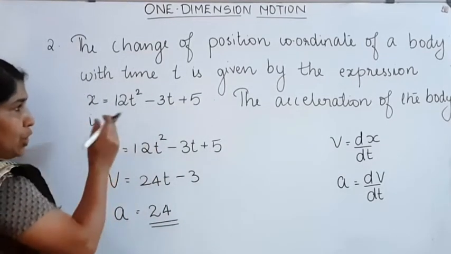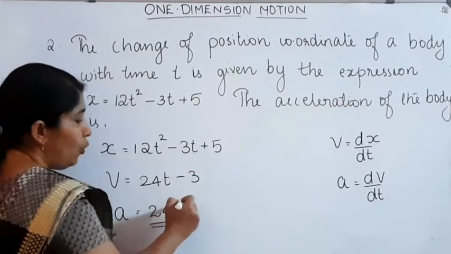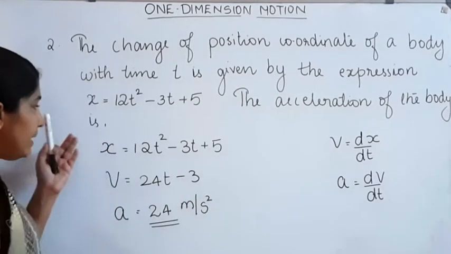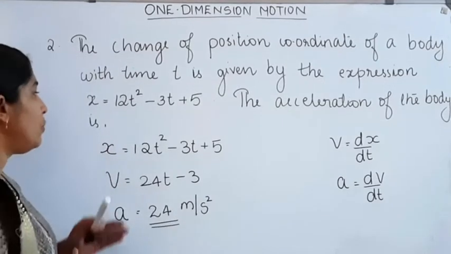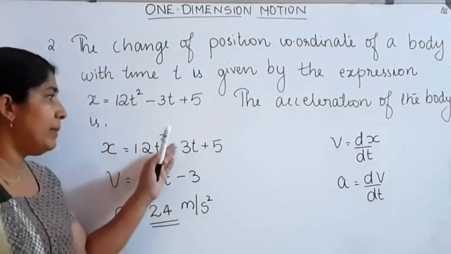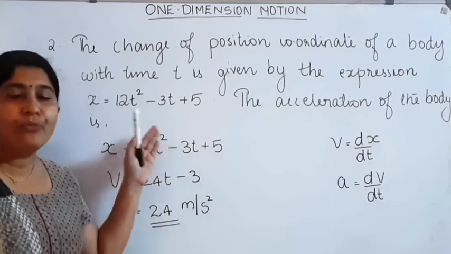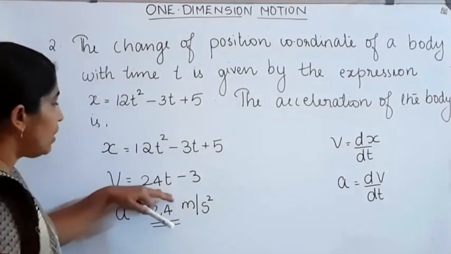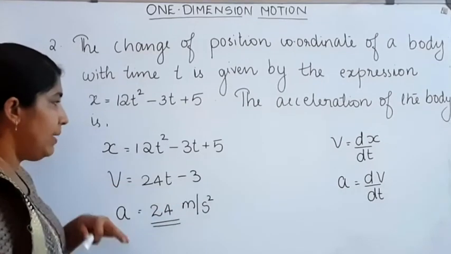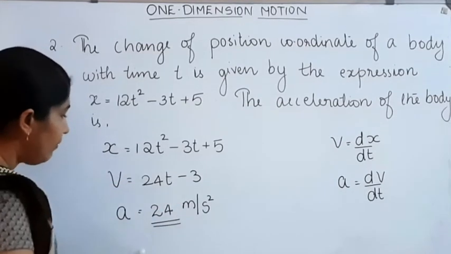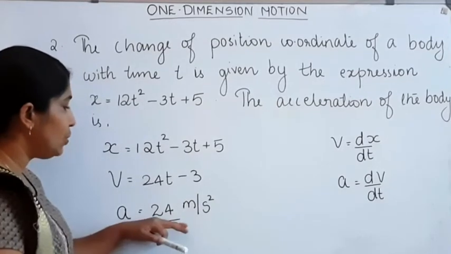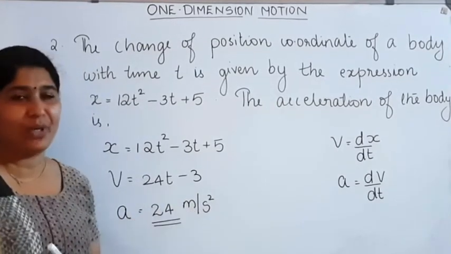Therefore, the acceleration of the body is 24 meter per second square. In this question, position is given: 12t square minus 3t plus 5. From that position, we find velocity, 24t minus 3. Then from the velocity, we find acceleration, 24 meter per second square.